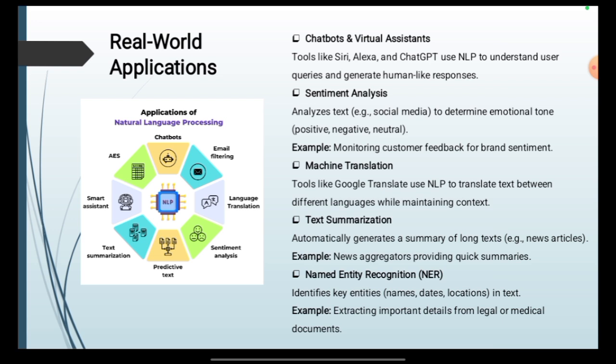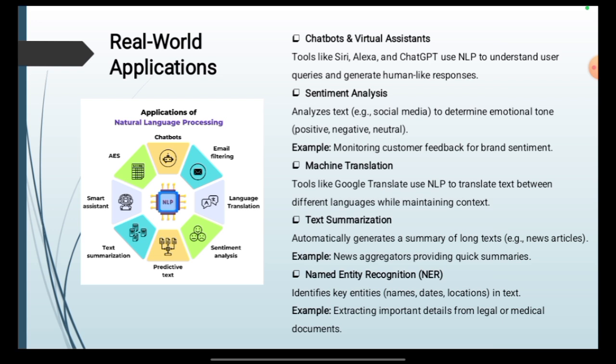Named entity recognition, also known as NER, identifies important entities like names, dates, and locations in text, which is useful in extracting key details from legal or medical documents. These applications highlight how NLP enhances language understanding and processing in various fields.